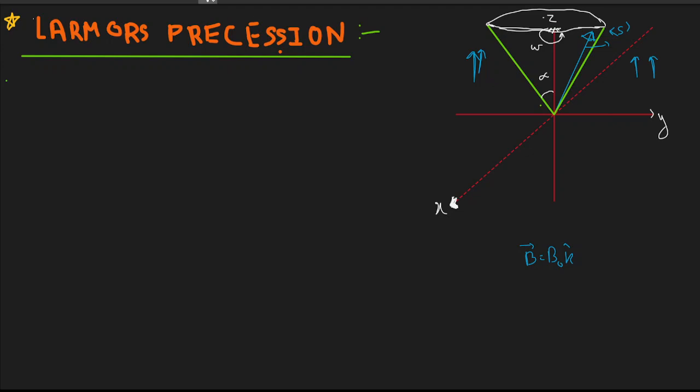As we can see in this diagram, there is a magnetic field in the k-cap direction, which means the z direction, and the arrows that I have drawn show that the magnetic field is in this z direction. Alpha is the inclination of the axis of the electron, of the circle it's moving on. So this is alpha here.